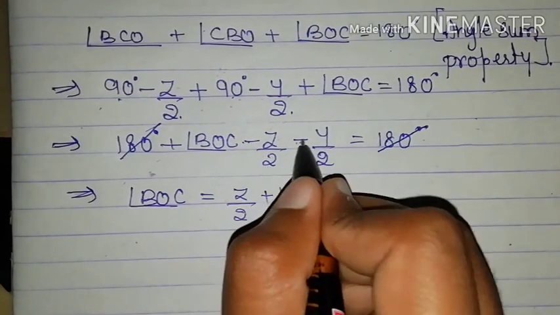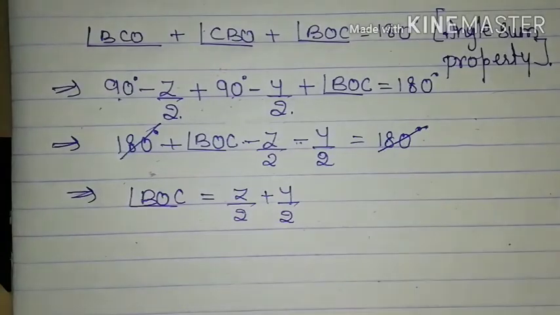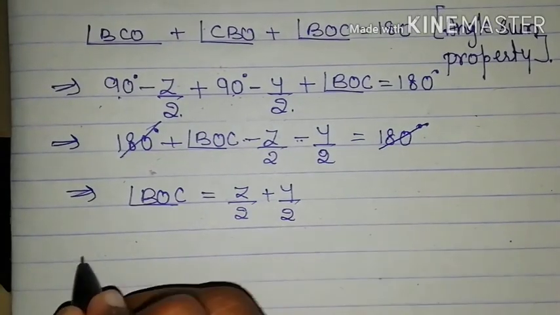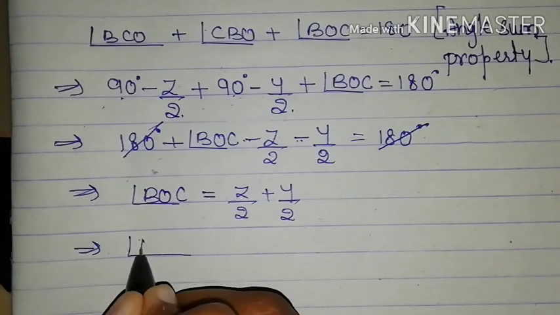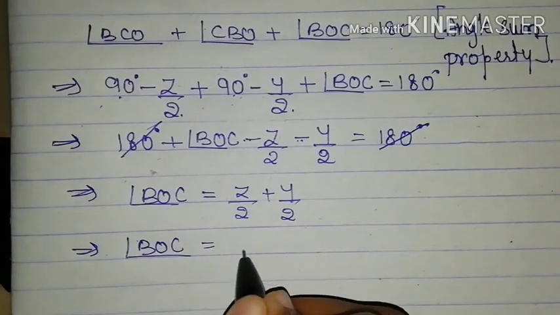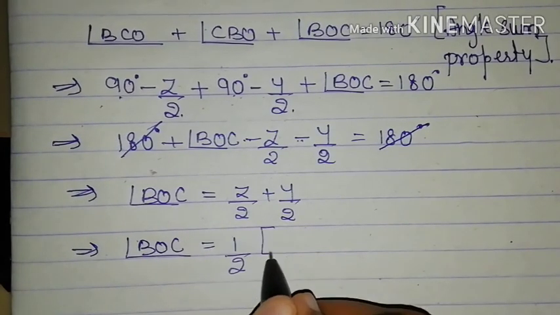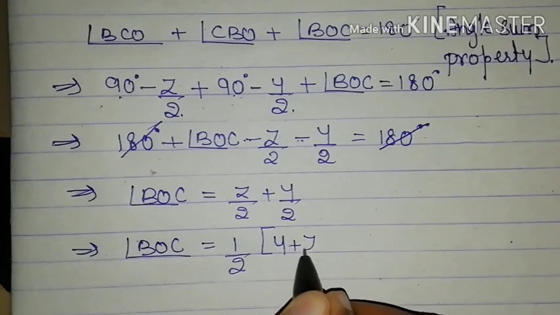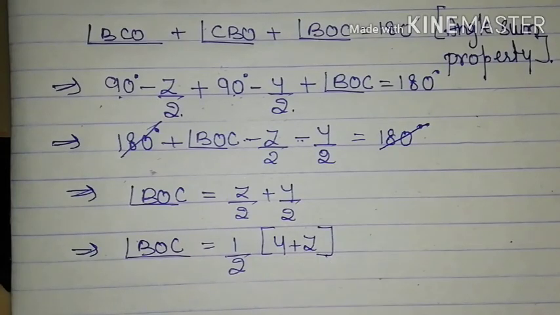Both are negative, so on transposing to the right hand side they become positive. So angle BOC is equal to half of the common angle, Y plus Z. Now apply the angle sum property to the triangle ABC: angle X plus Y plus Z is equal to 180 degrees.